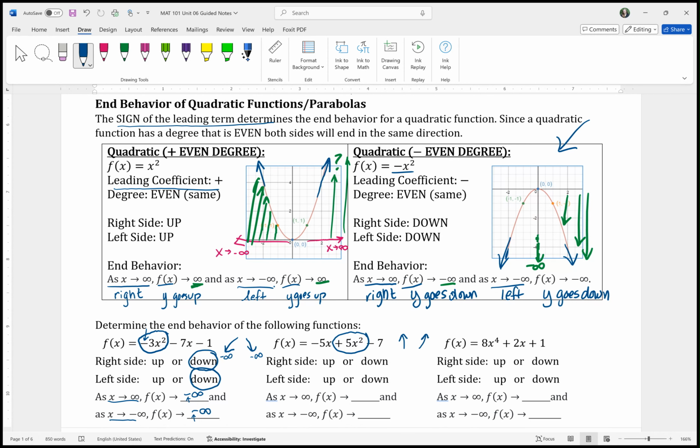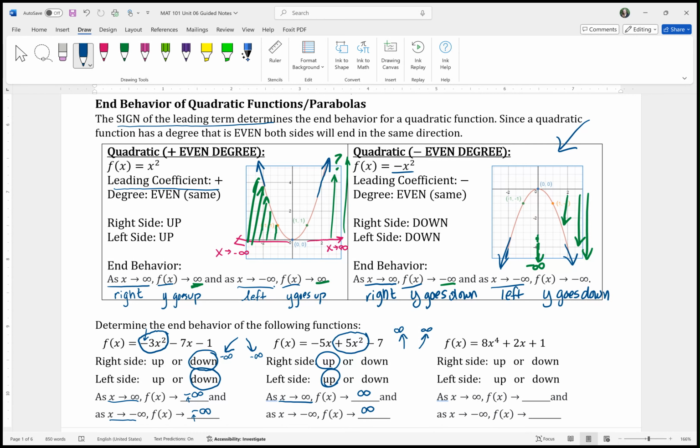Both sides going up, and both are going y values to positive infinity. So up goes up to positive infinity for my y's. So this means as x goes right, y's are going up to positive infinity. And as x goes left, y's are going up to positive infinity. And both of these should be the same because they're just doing the same on both sides.